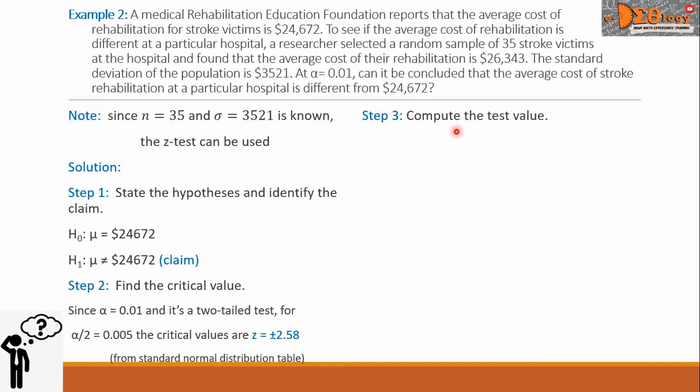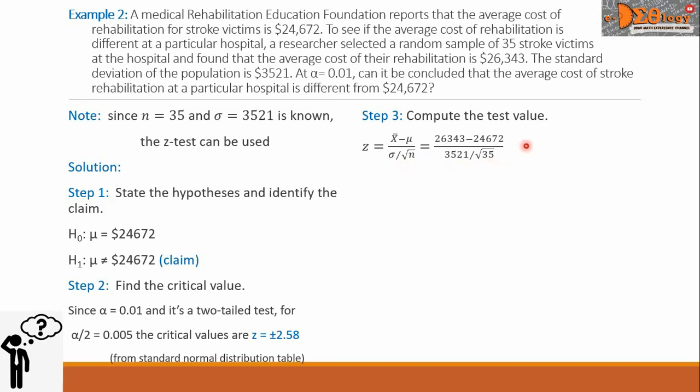For step 3, we compute the test value. The formula is here, and let us do the substitution. X bar is 26,343 minus the mu, which is 24,672, all over sigma is 3,521 divided by the square root of n, where n is 35.